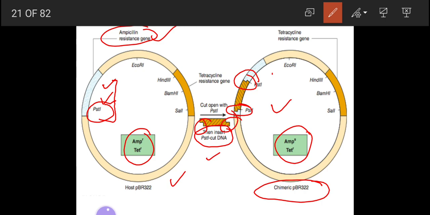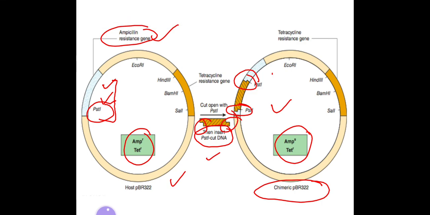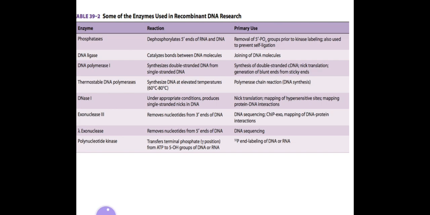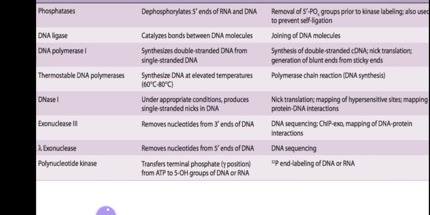We will go backward and pick the colonies or bacteria from which we took this sample, and choose these samples to be used further in experiments. So our chimeric pBR322 will be sensitive to the ampicillin drug, which shows that it contains our DNA of interest.